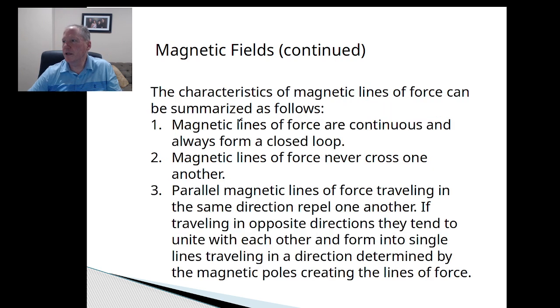All right. So here are some characteristics of magnetic lines of force. First, the lines of force are continuous and always form a closed loop. So they just keep going round and round. And then the lines of force never cross one another.